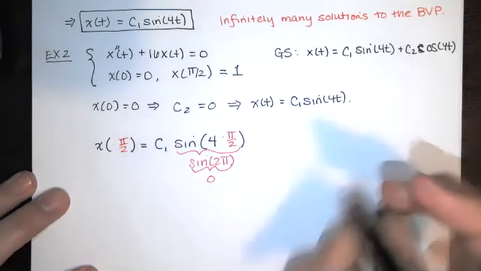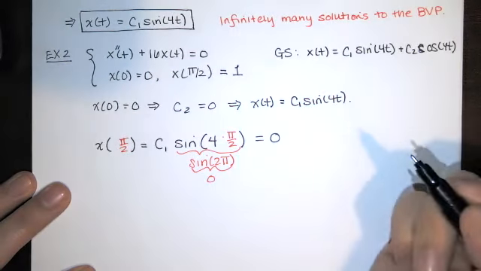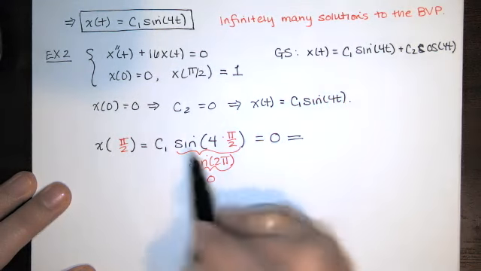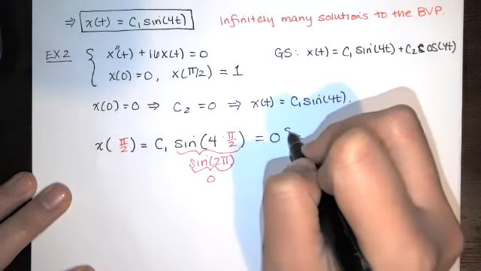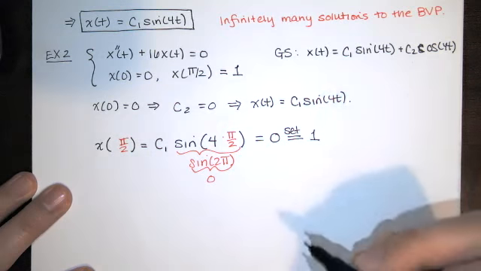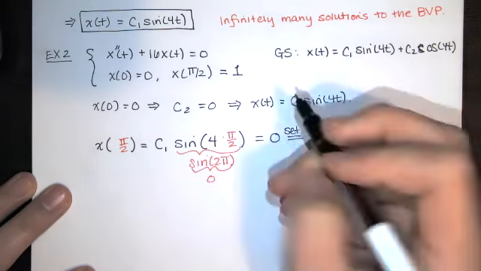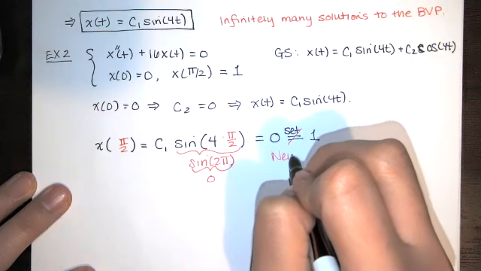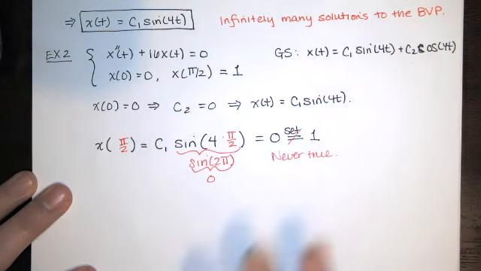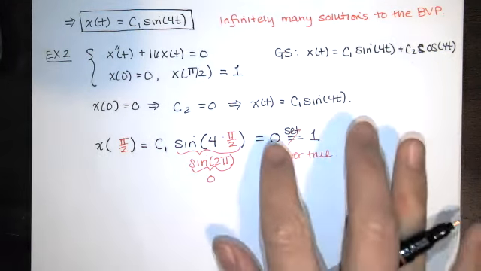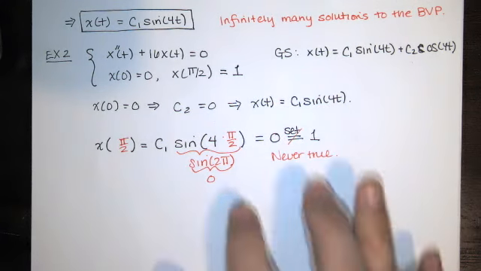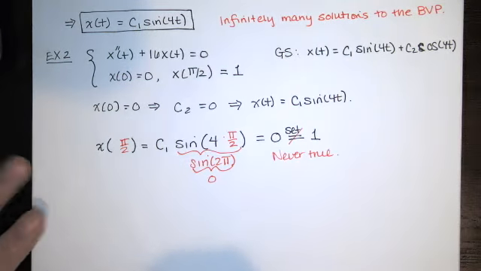And so we have x of pi over 2 is equal to 0. And we're setting that equal to what they gave us. We set that equal to 1. Well, 0 is never equal to 1. This is never true. It does not matter what C1 is, 0 will never equal 1. So this boundary value problem has no solution.